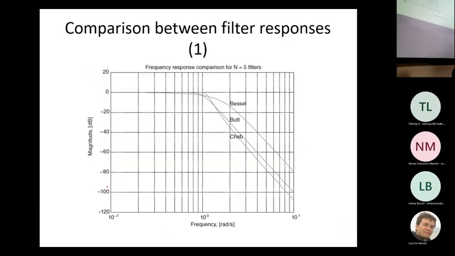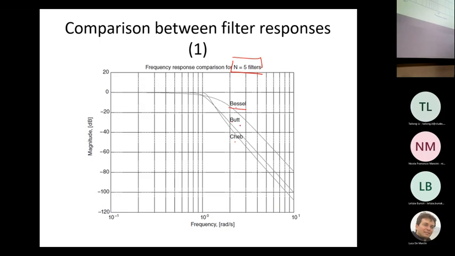This is a comparison of filter responses related to the same order, n equal to 5, and the same cutoff frequency, for the Chebyshev, Butterworth, and Bessel case. Bessel is another family that we will not review in this course, but it's also very commonly adopted.